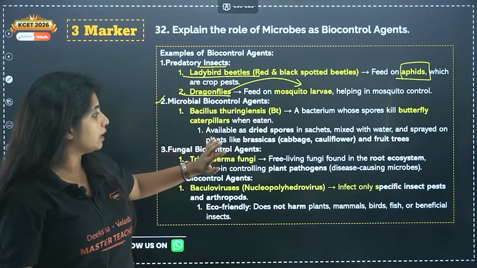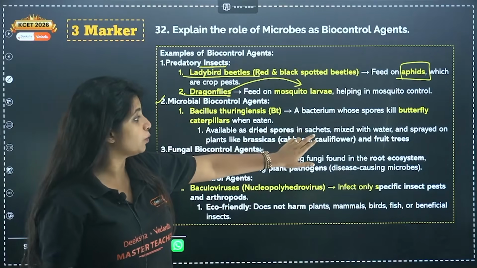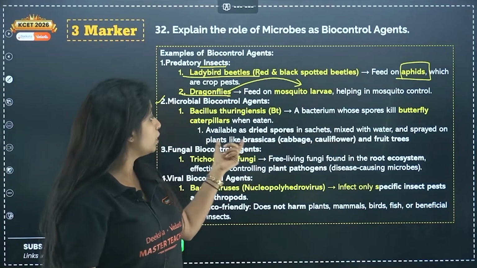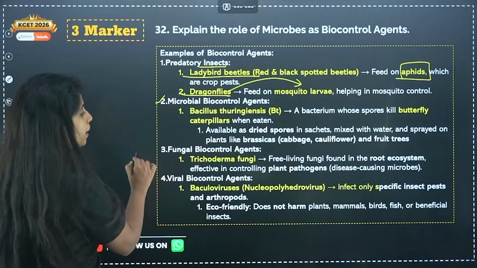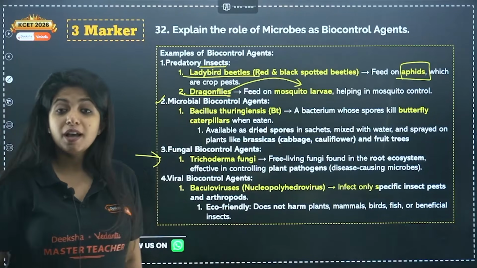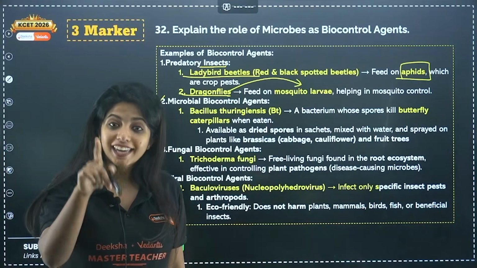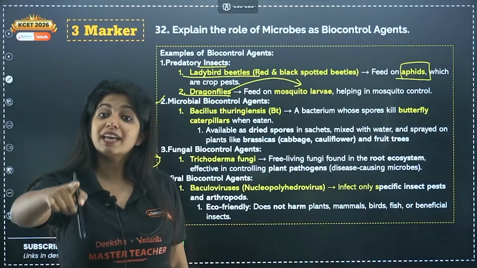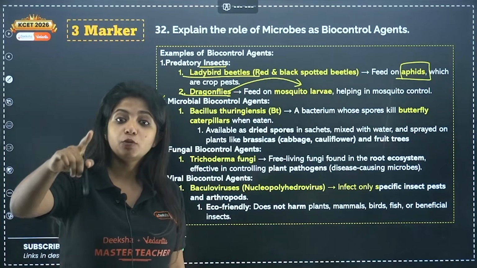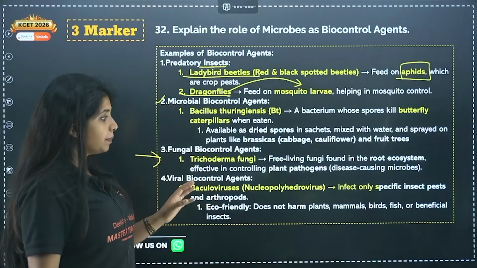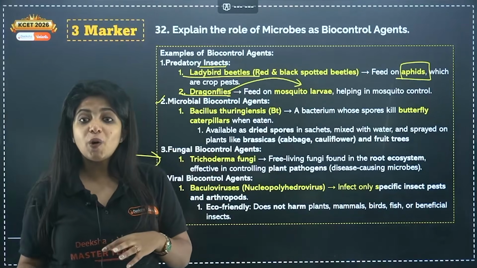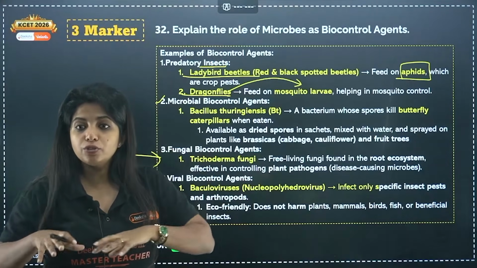As a microbial biocontrol agent, you have Bacillus thuringiensis, as I told you. It can kill butterfly caterpillars. It is available as dried spores in sachets, mixed with water and sprayed on plants like brassicas, cabbage and cauliflower, and also fruit trees. Now a fungal biocontrol agent is Trichoderma. Ma'am, I remember this name, Trichoderma. Yes, Trichoderma polysporum, which gave cyclosporin A, an immunosuppressant. Here it is different. The Trichoderma fungi basically do not allow other fungi to damage roots.